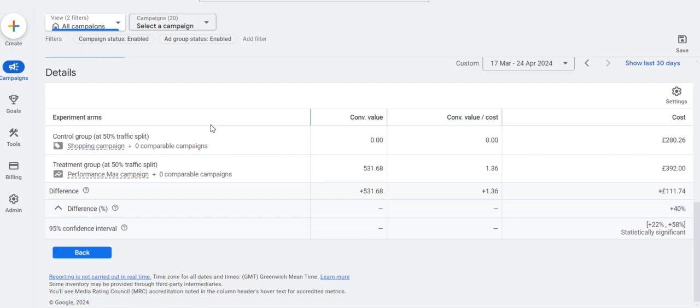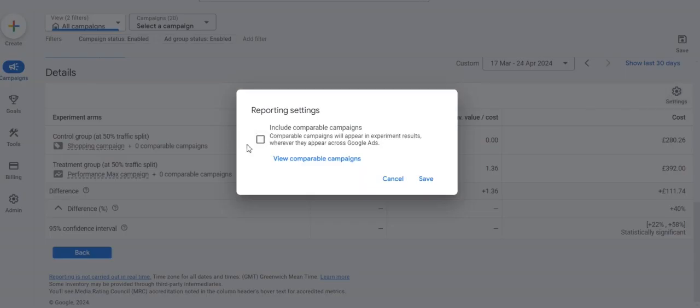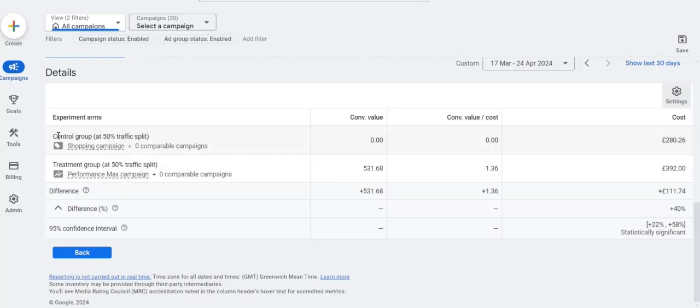When we are putting these two in different groups, you know that they are supposed to have a 50% traffic split, but sometimes, in order to get the traffic split correct, Google will add a few more campaigns to that particular group. So if we click on settings and include these comparable campaigns, it will include more campaigns together with the standard shopping within the control group, so as to reach the target traffic required to match Performance Max.